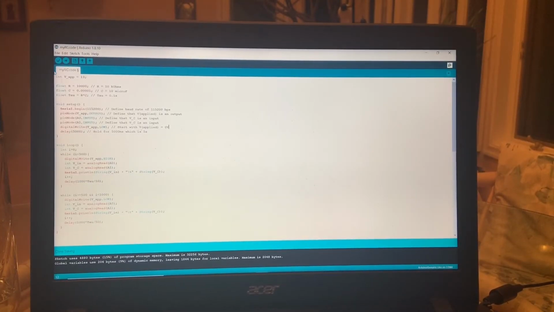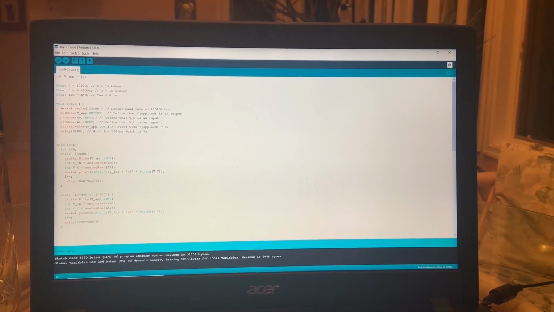All right, so now we're getting into our Arduino code. At the top, we defined our resistor, starting with the 10 kilo ohm one, and then our capacitor and our time constant. Here we defined our baud rate, defined the pin modes, and started with it low for 5 seconds. In the loop, we have this while loop, which turns VN on and prints out the readings from VN and VC.